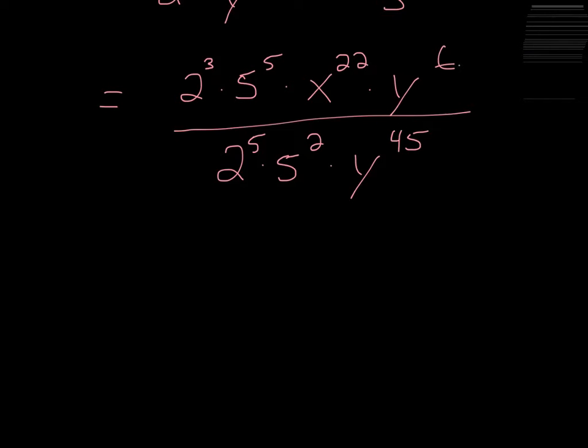So 2 to the 3rd divided by 2 to the 5th will give me a 2 to the negative 2. The 5 to the 5th divided by the 5 squared is a 5 to the 3rd. The x to the 22nd stays by itself. And then y to the 6th divided by y to the 45th is y to the negative 39th.